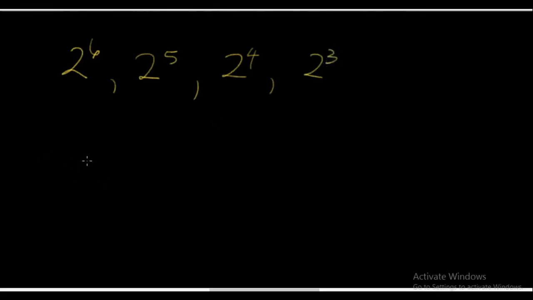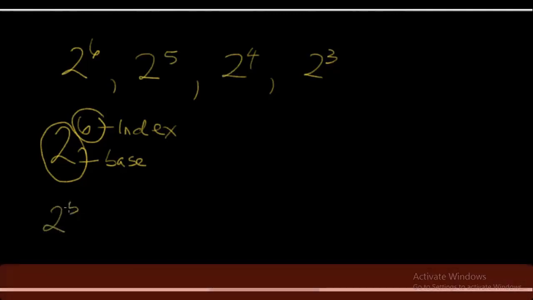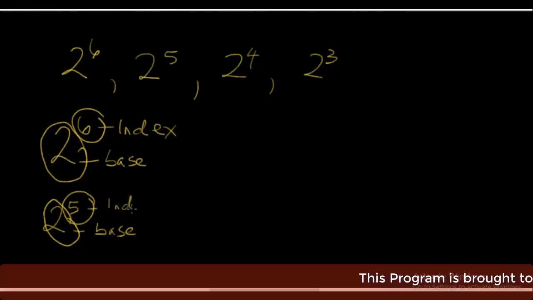Now, let's try to understand some basic concepts about these numbers. For example, let me bring down 2 raised to the power 6. This 2 here is called the base, and this 6 here is called the index. Similarly, in 2 raised to the power 5, this 2 here is called the base, and this 5 here is called the index.